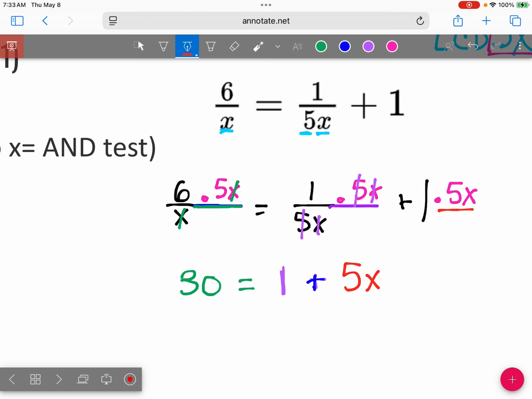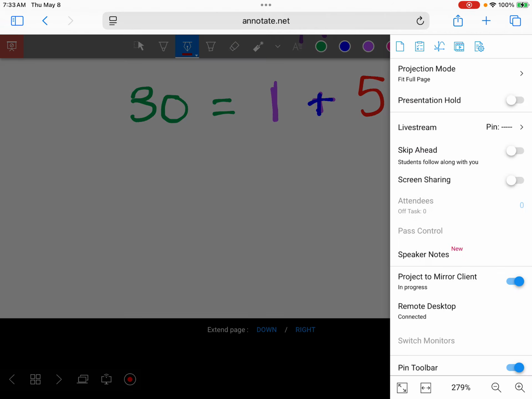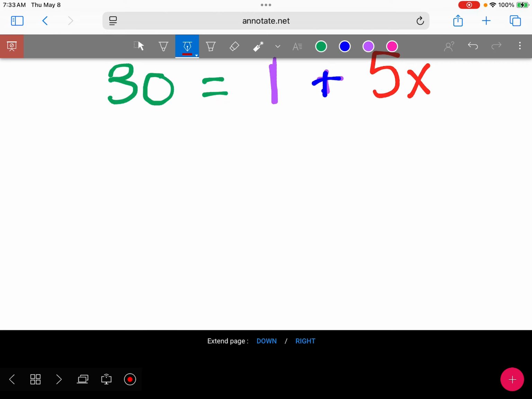What can we do to solve this to try and figure out what x is? Look at just this part. Ignore everything else. How do I get x by itself? Subtract 1. So we're going to have 29 equals 5x.